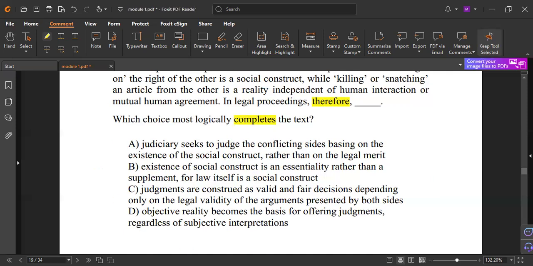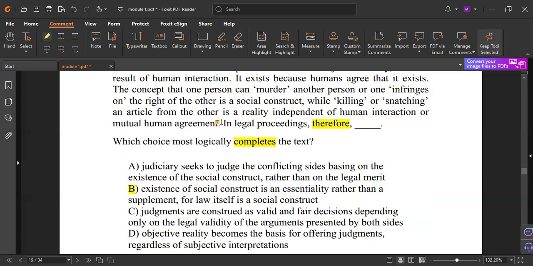Let's prove together why B is correct. In legal proceedings, legal results, legal consequences, legal outcomes, the existence of social construct is an essentiality rather than a supplement for law itself. Because law itself is a social construct.